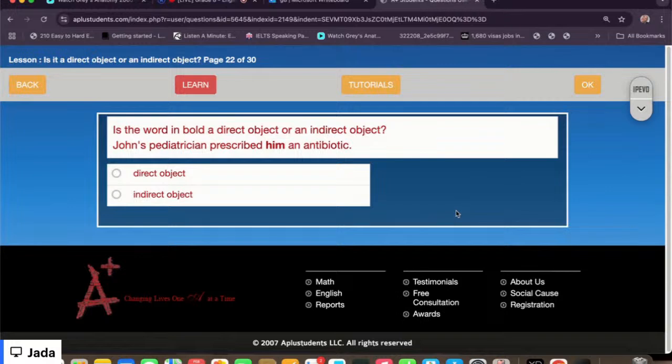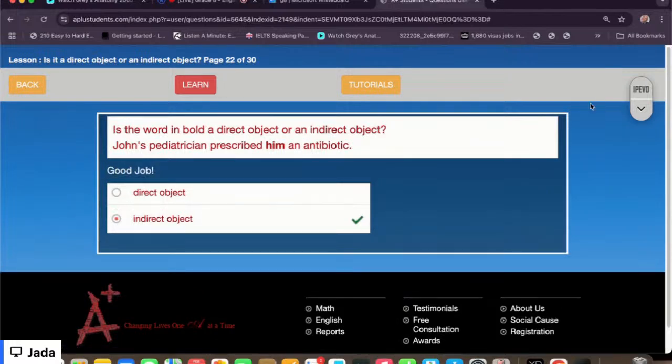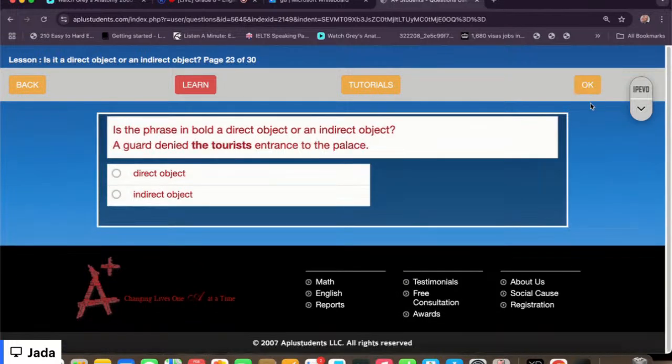John's pediatrician prescribed him an antibiotic. So indirect object him.